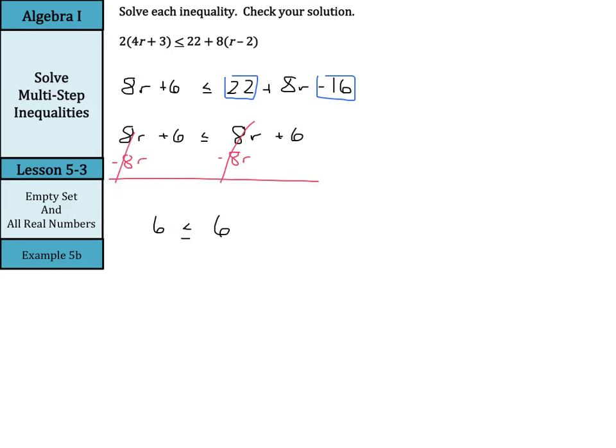So this is basically all values for r make the inequality true. No matter what you put in for r, you're going to get a true inequality. So our answer is actually all real numbers.